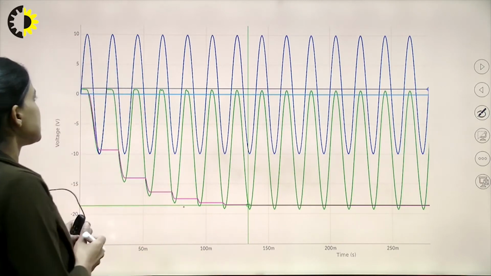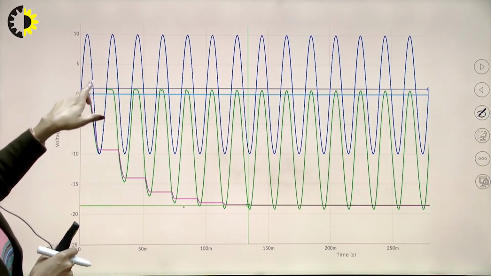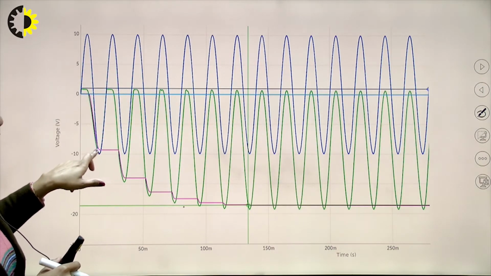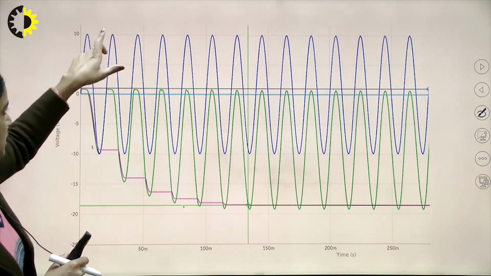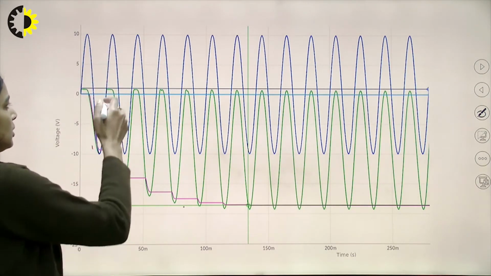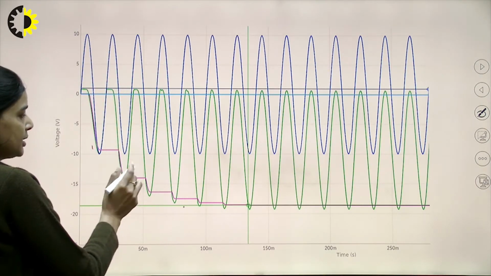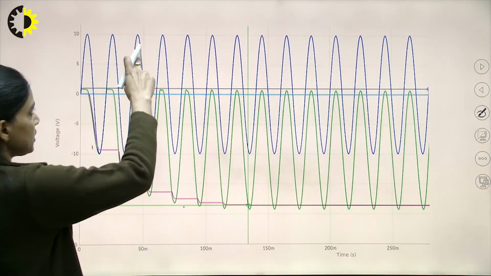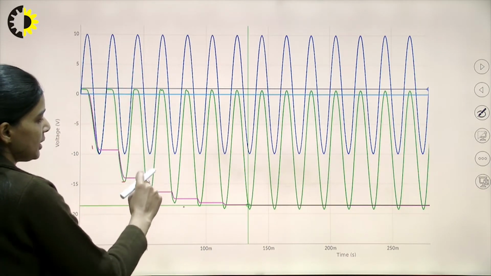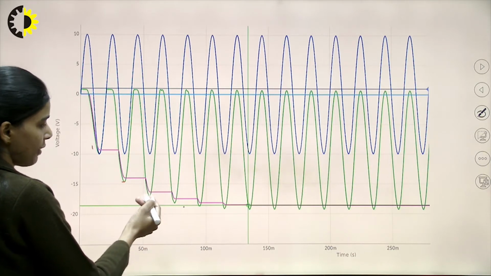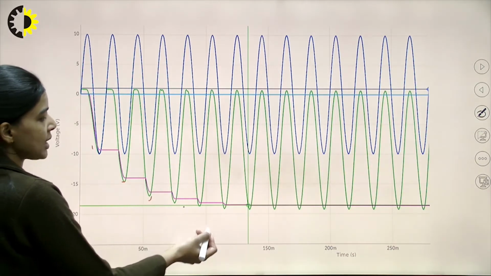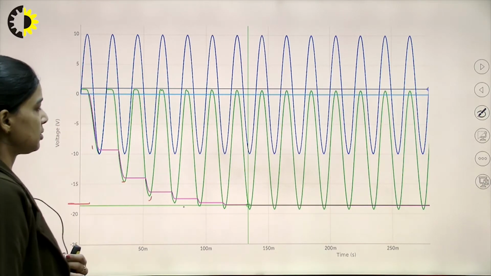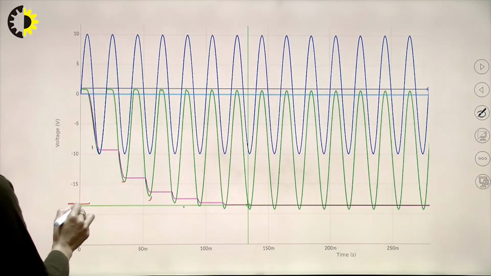Here we can see that for the positive cycle of the input we are getting some output, and for the next positive cycle the output is enhanced, it is having a higher peak value. For the third cycle it is having more value, and after a few cycles it will have a value up to 2 Vm.